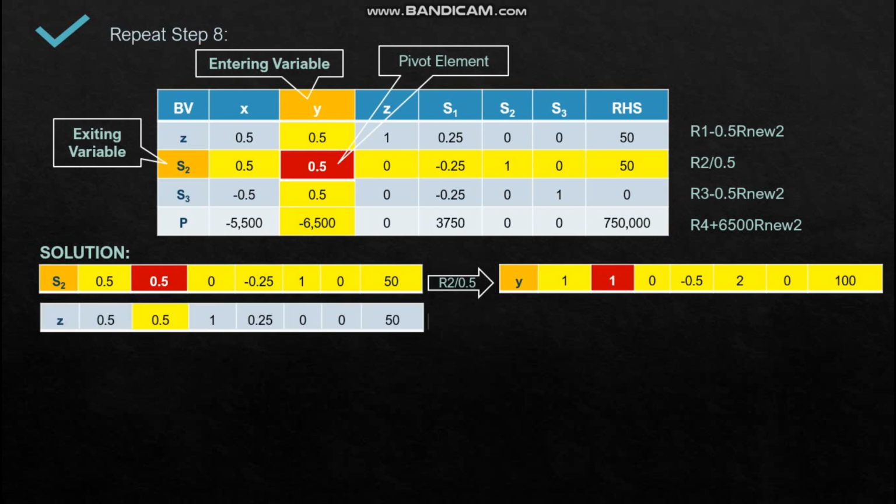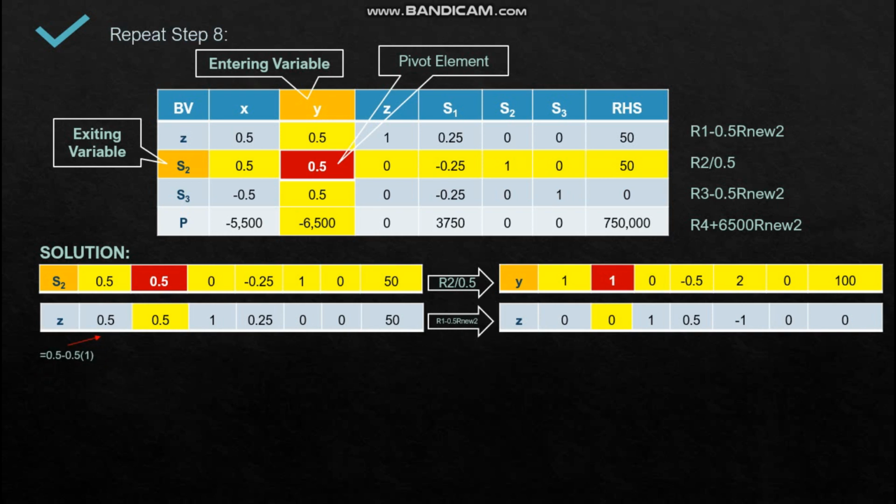All right, for this row, which is row 1, our formula is R1 minus 0.5 times the new row 2. Here are the computations. For the first one, 0.5 minus 0.5 times 1 is equal to 0. The second, 0.5 minus 0.5 times 1 equals 0.